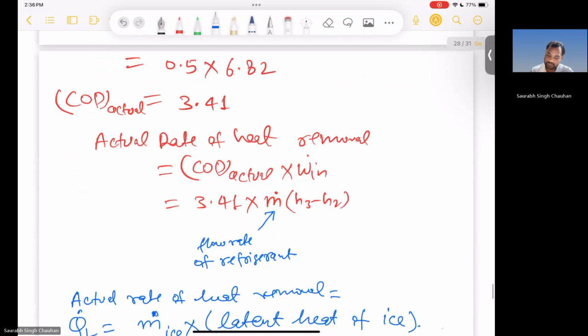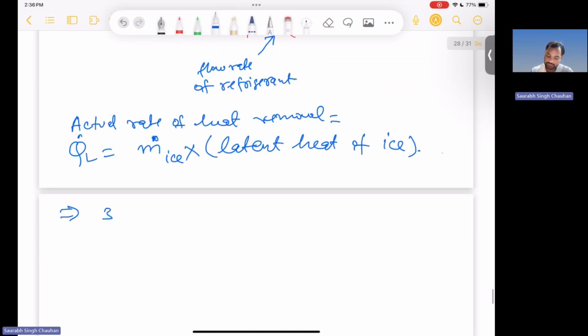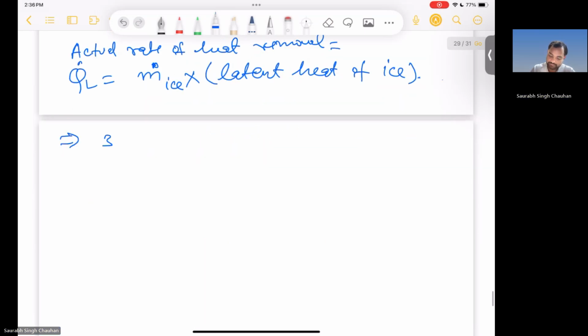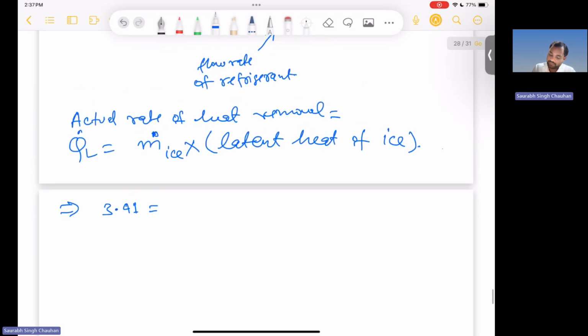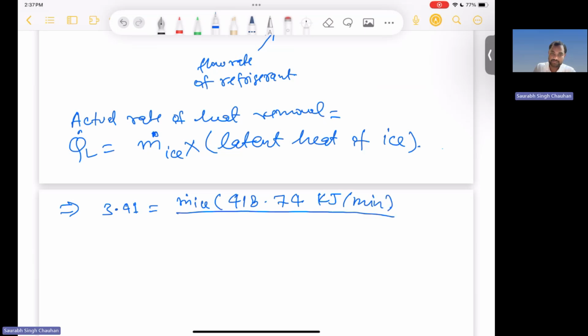So actual COP is 3.41 multiplied by the power input, which is the actual rate of heat removal, equals M ice multiplied by the latent heat of ice, that is 418.74 kilojoule per minute. So this M ice you will get in kilogram per minute.